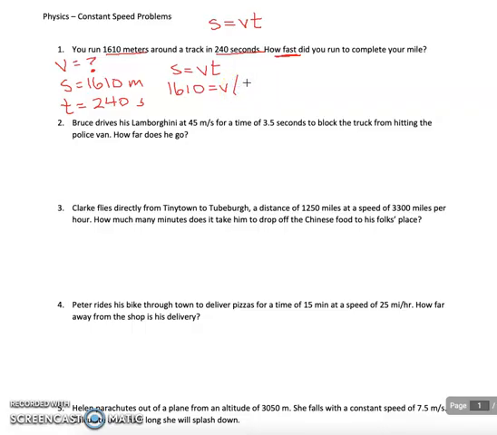V is what we're looking for, 240 seconds there. And so we're going to divide 240 over, divide 240 over. Cancels on the right, appears on the left. And so you put into your calculator 1610 divided by 240. And we're going to get 6.708.